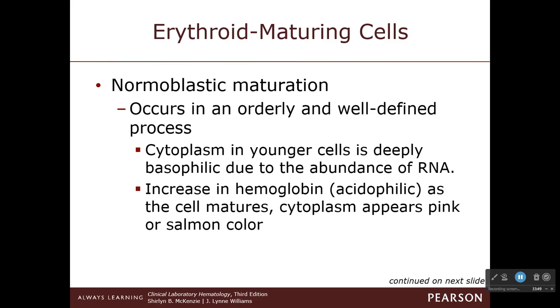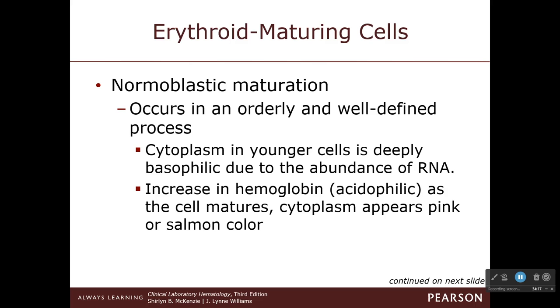The reason it changes like that is because even in the rubriblast or the pronormoblast stage, hemoglobin production has begun. In other words, the genes for making hemoglobin are active and the cell is making hemoglobin. The problem is, with a light microscope and the stains we have, it's not enough to show up, so you see that bluish purple basophilic stain.